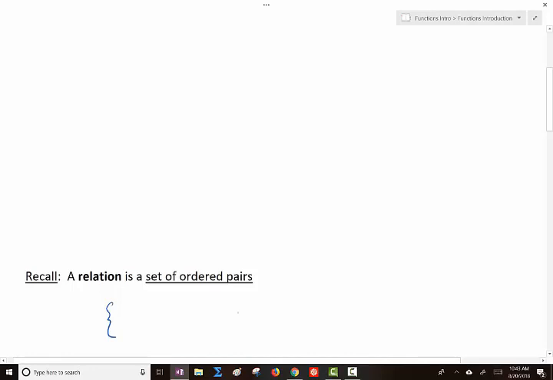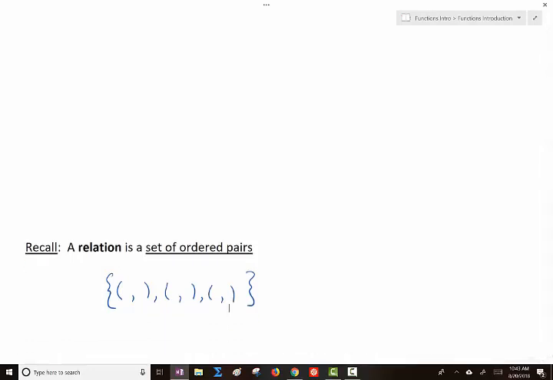We often write a set using these braces, and for a relation, inside is a bunch of ordered pairs. So in each ordered pair, we have a first coordinate and a second coordinate.